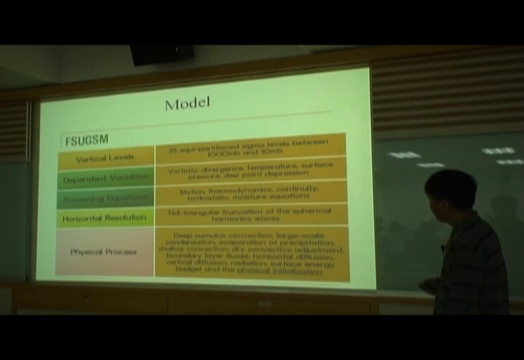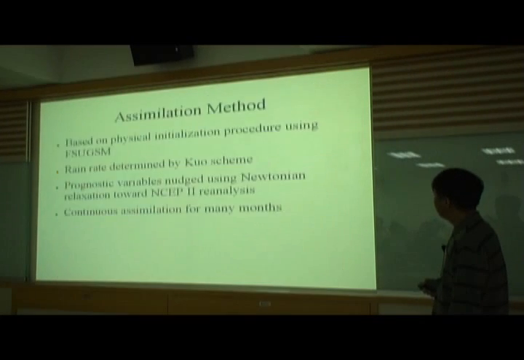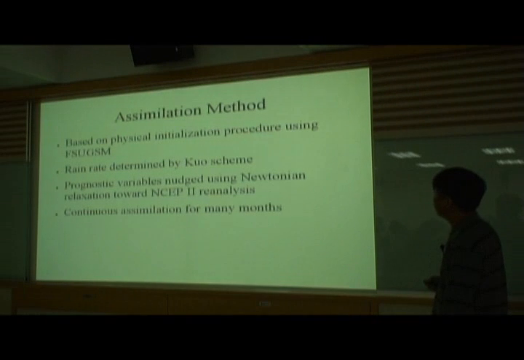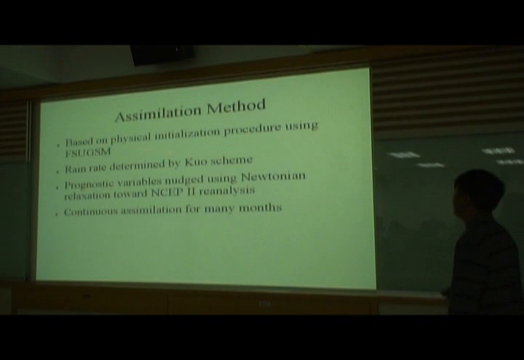I will skip this portion. The assimilation method is based on the physical initialization procedure using the Florida State University GSM. The rain rate is determined by the convective scheme. We use a very simple scheme. And prognostic variables are nudged using Newtonian relaxation toward the NCEP 2 reanalysis.